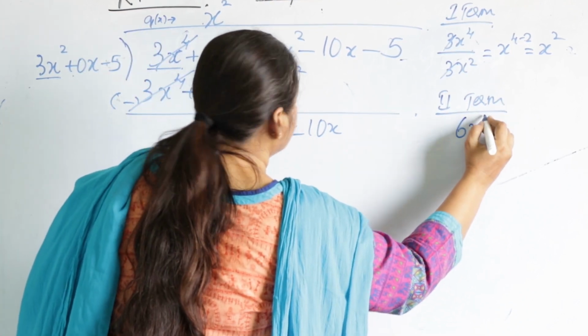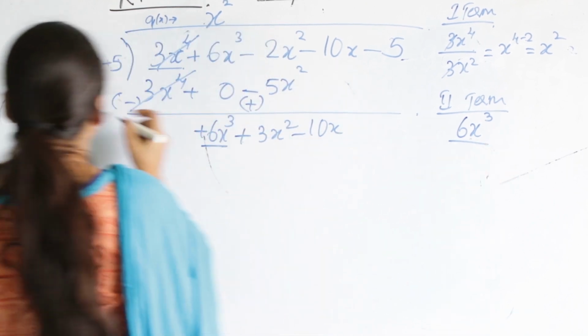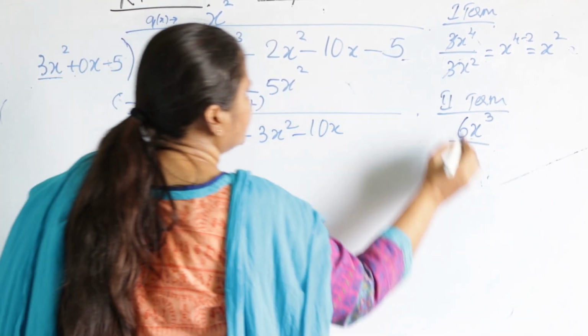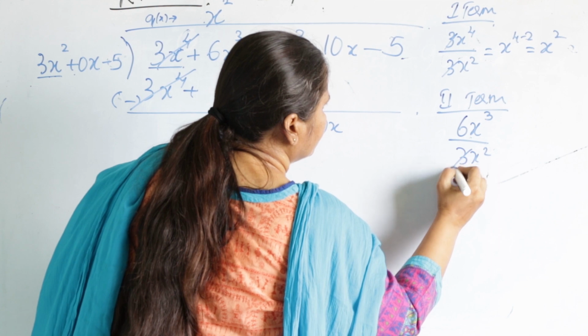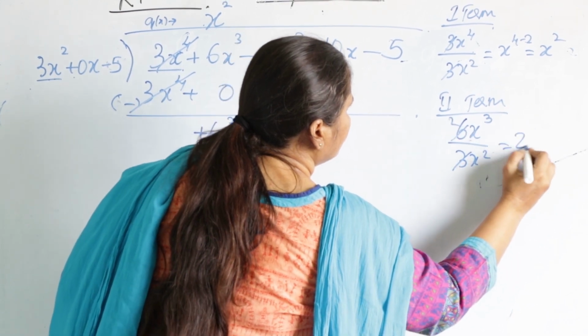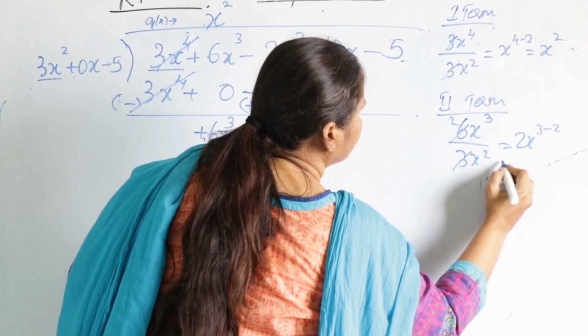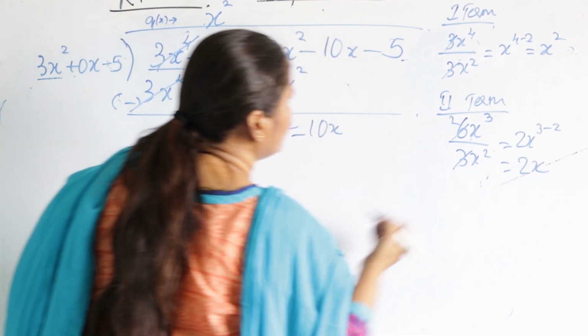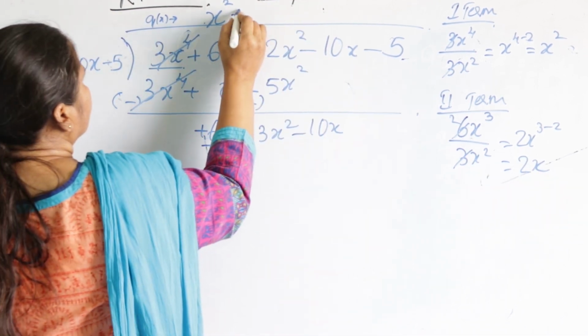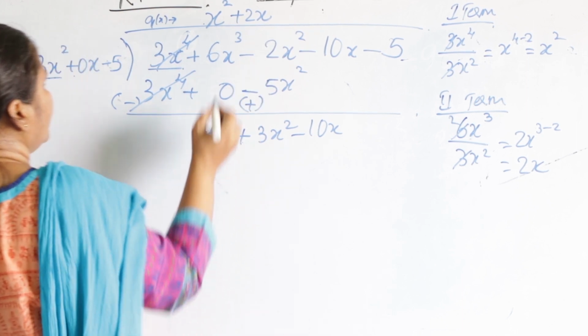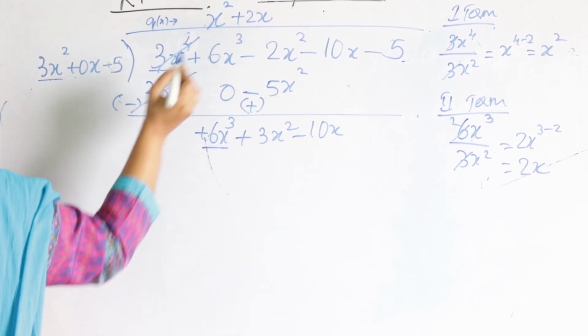Take it as 6x cube divided by, this will remain constant. See, 3x square, 2. So it is 2x cube minus 2, 2x plus 2x. Okay, so now let's multiply quickly.